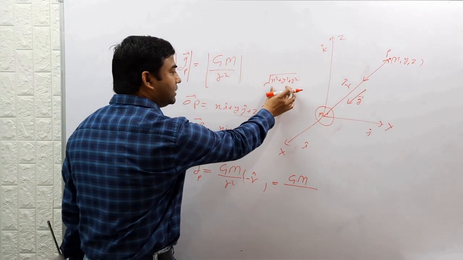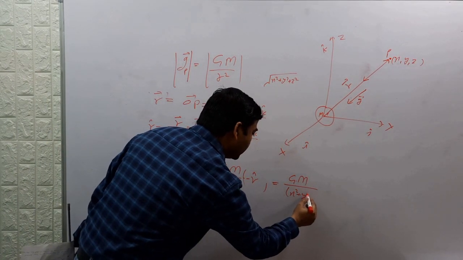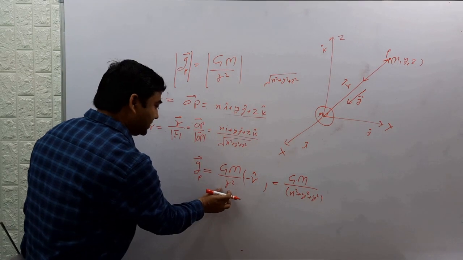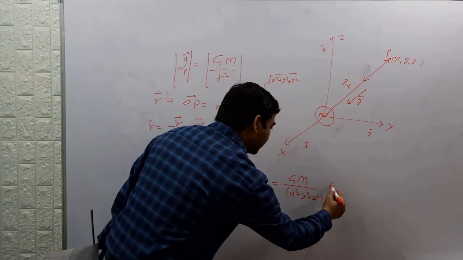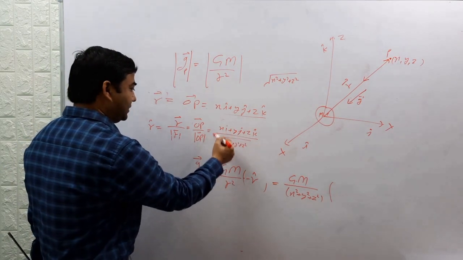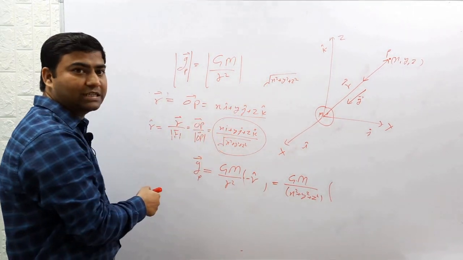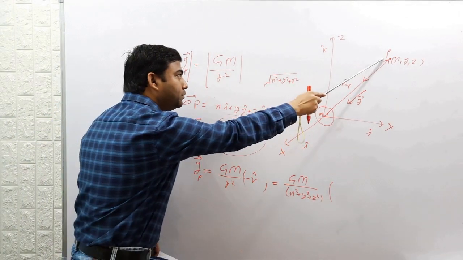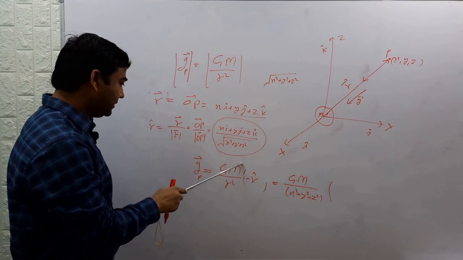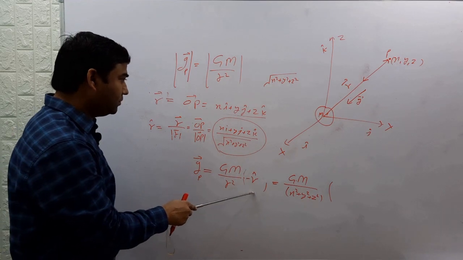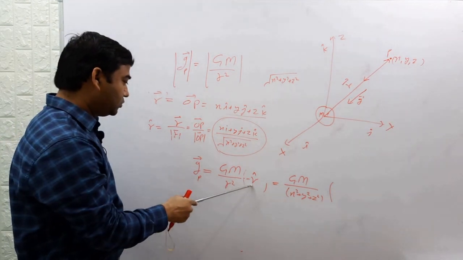The distance is under root x square plus y square plus z square, and r square will be x square plus y square plus z square, and minus r. r is the unit vector in the OP direction, but we want the unit vector in the PO direction, because the direction of G is from P to O. So we have found vector G: this is the magnitude of the vector, and this is the unit vector from P to O, which is the direction of the field vector G. So minus r.